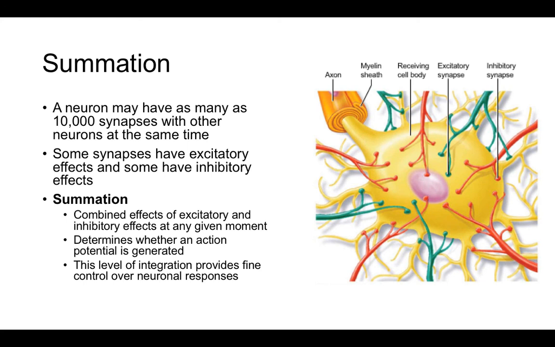So for example, we have both excitatory and inhibitory input on all of our organs in order to increase output or decrease output. If you think about music, there's a gain and decrease. You can either increase the volume or decrease the volume, increase the function or decrease the function, based on which neurons are triggered. Is it the inhibitory or the excitatory? Are we going to make it easier to send an action potential, or are we going to make it more difficult?